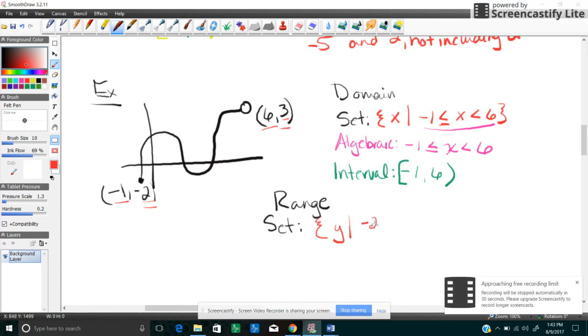So -2 less than or equal to y less than 3. Okay. My algebraic, I'm just going to jump right into it, is the same as this. So -2 less than or equal to y less than 3. And finally, my interval is between -2 and 3, bracket, parentheses.